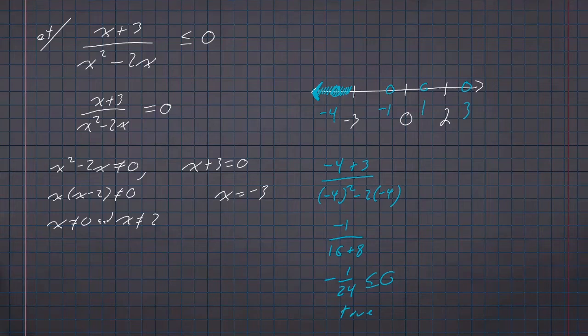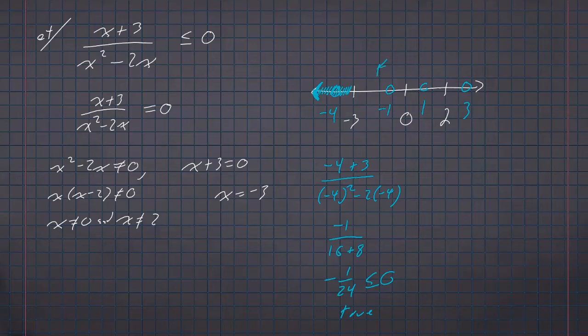Then we evaluate at x equals -1. Once again, I'm running out of screen space, so I'm not going to go through each of those calculations. If you'd like to pause the video and work through those yourself, I encourage you to do so. When I plug in x equals -1, I get positive 4/3, which is not less than or equal to 0.